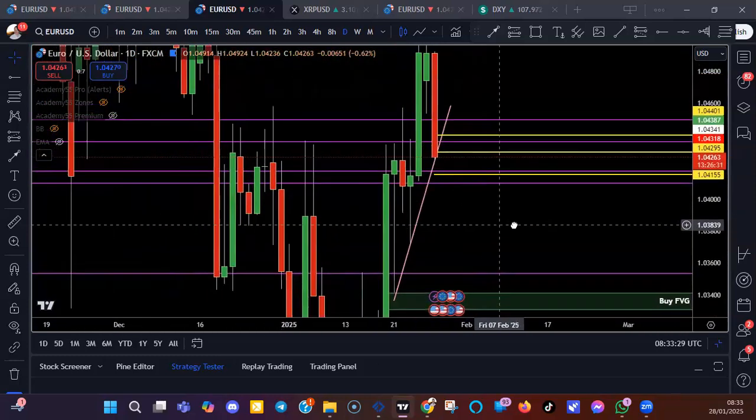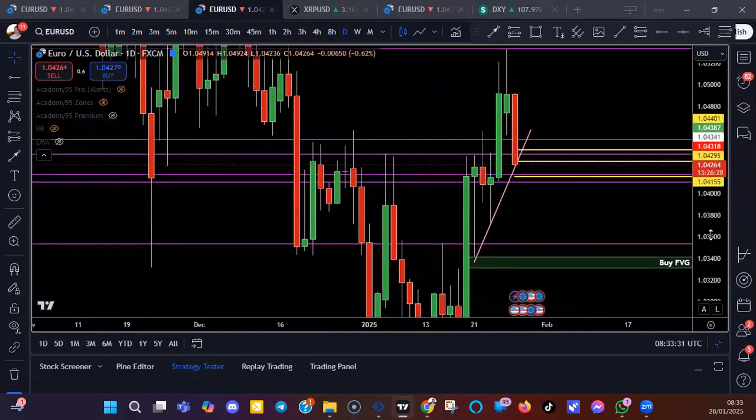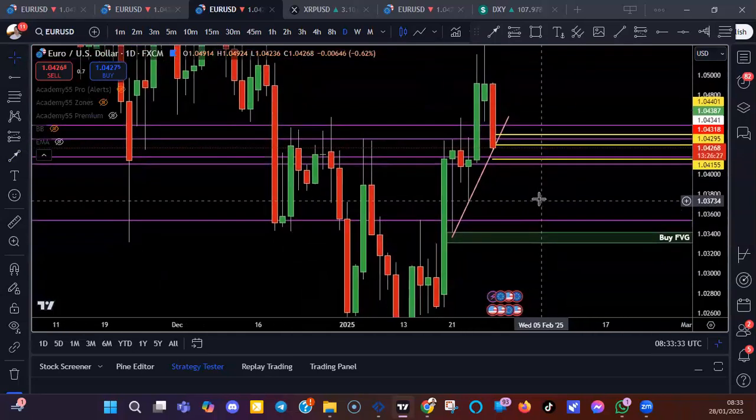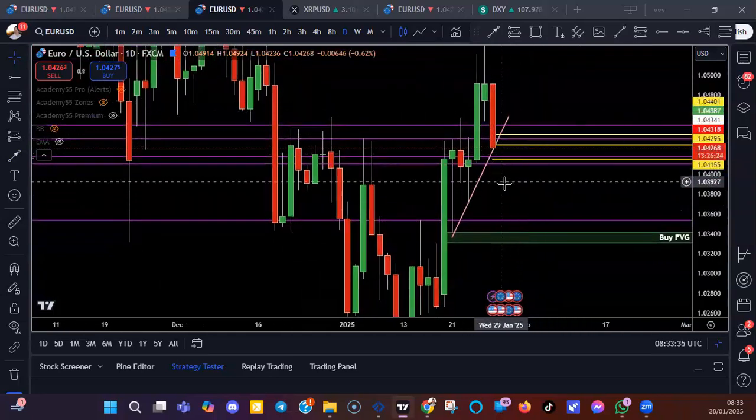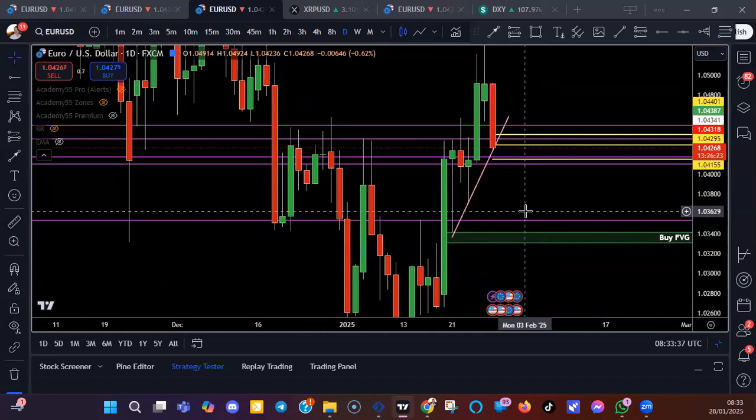They're looking at the longer term view. Is the dollar basically, because the EUR is getting weak, is the dollar going to get stronger over the next month?